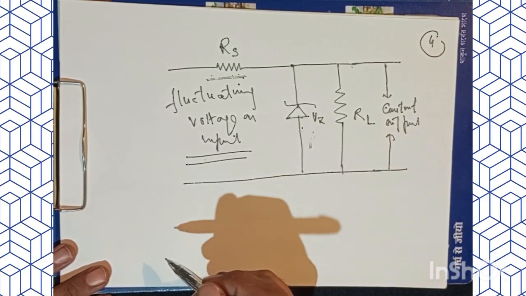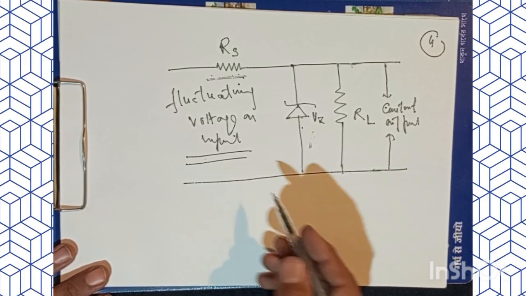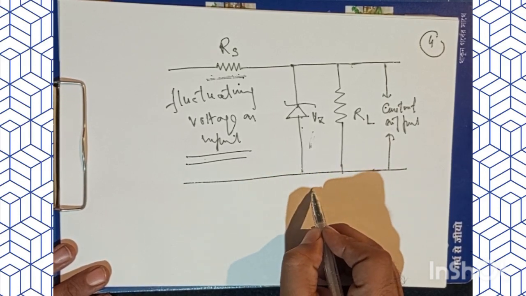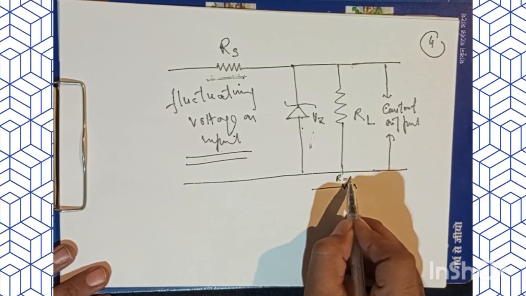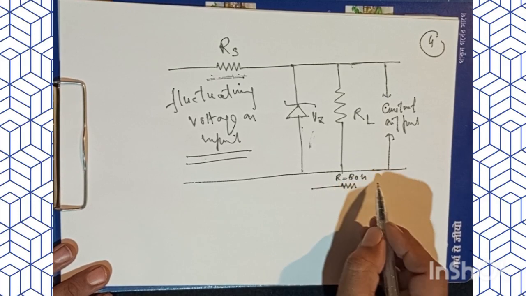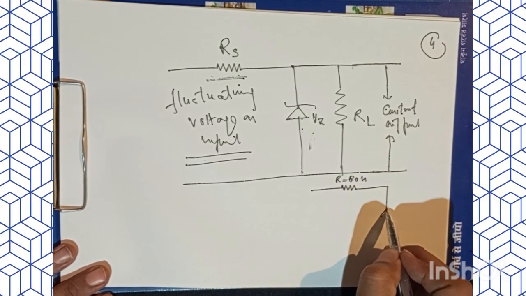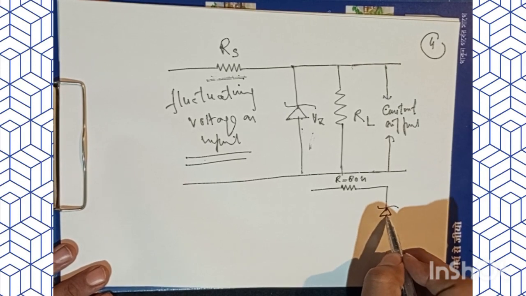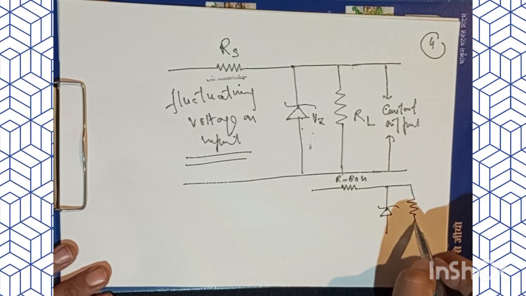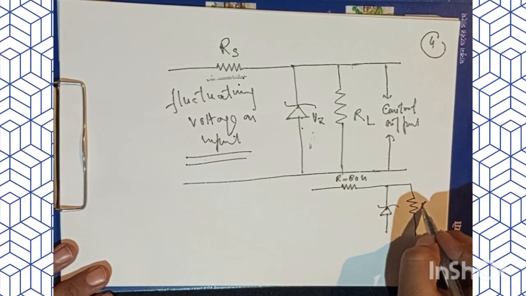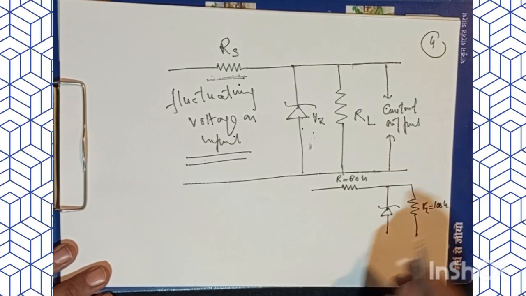Now, to understand it, let's take an example. If I take an example of a simple circuit here with R equal to 80 ohms, and then we have a zener diode, and then we have a load resistance here, and this load resistance is, say for the sake of argument, 100 ohms.